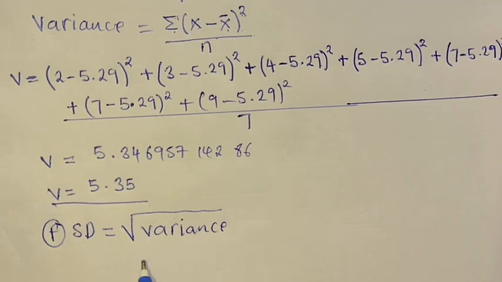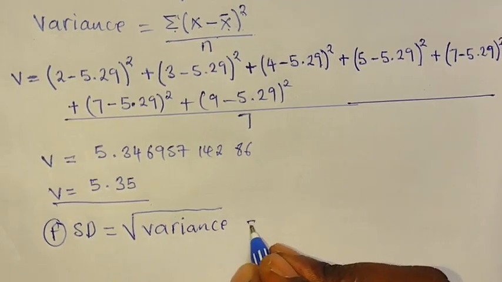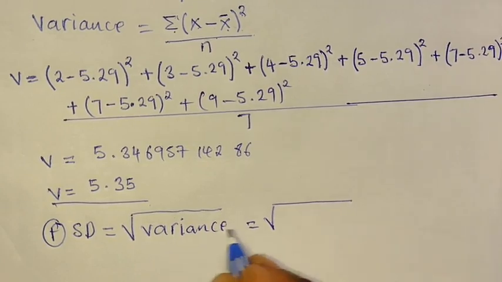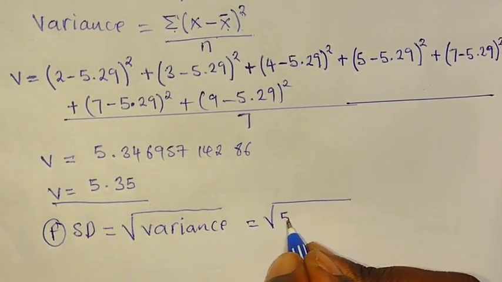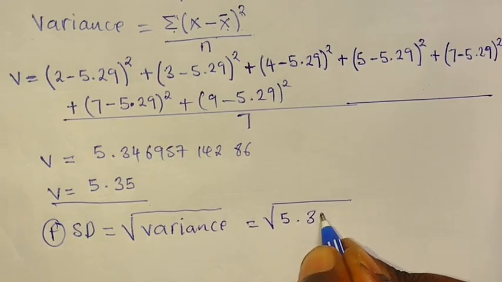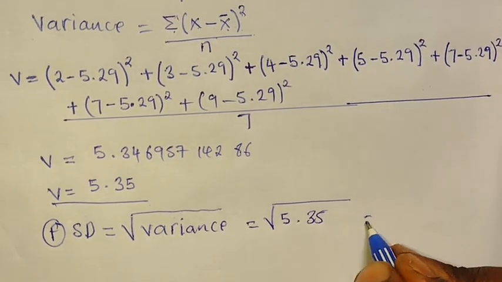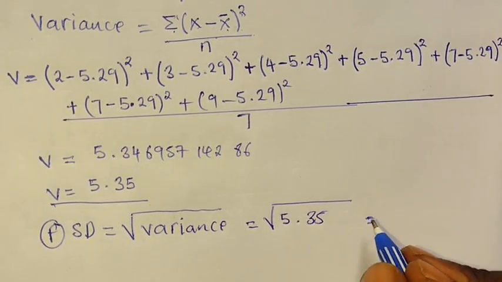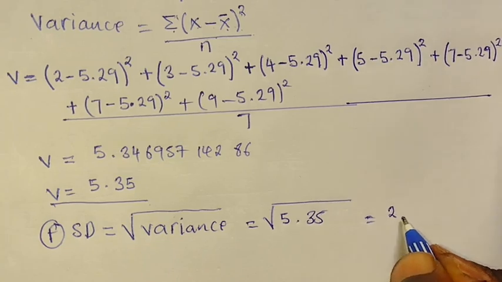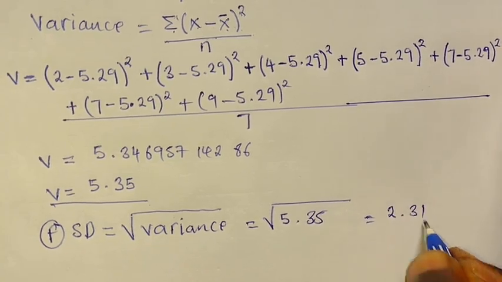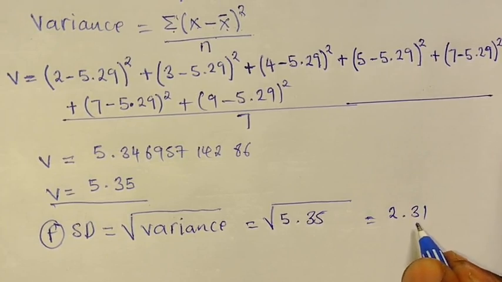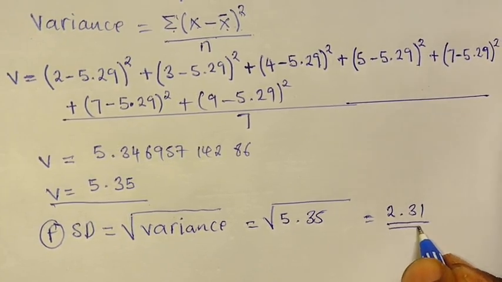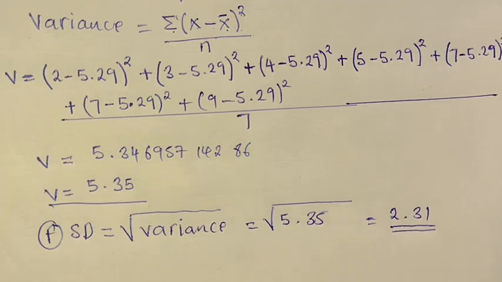Here we write the square root of the variance, which is 5.35. The square root of 5.35, I also round it off, will give us something like 2.31. I've already rounded this off correct to 2 decimal places. So this is our standard deviation.